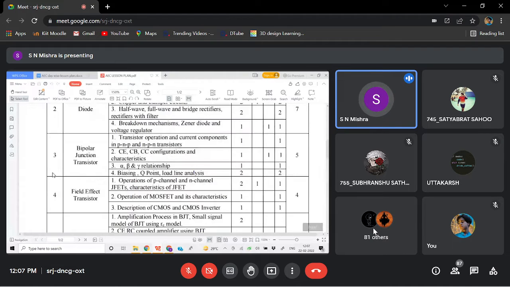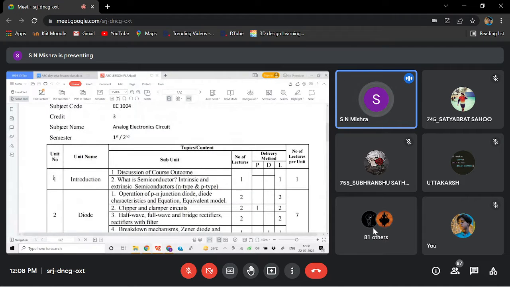In yesterday's PPT I did not include this introduction part, which is not included in your syllabus. Actually your syllabus starts from PN junction. This introduction part is necessary, that's why it is included here in the lesson plan. Including this one, there are 9 units, but the actual modules are 8.